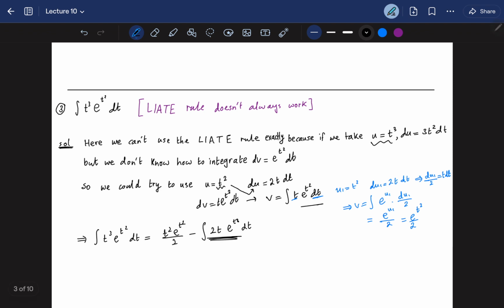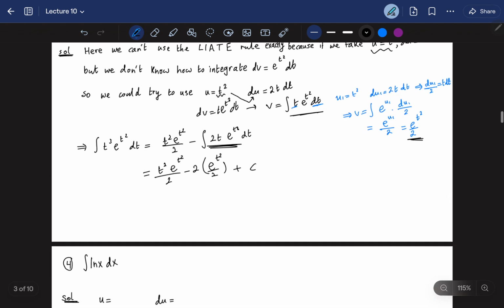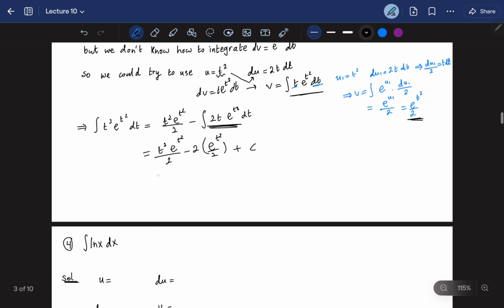But this integral technically is the same as this one. So instead of doing a u substitution again, I'll just take the same answer. I have 2 on this side, and then the integral of t e to the t squared is just equal to this. Then plus c in the end. And we're done.